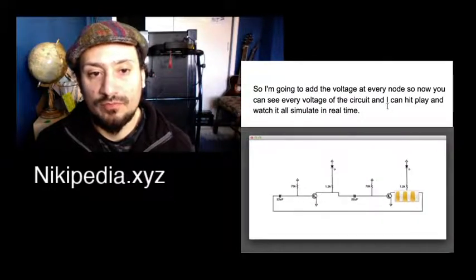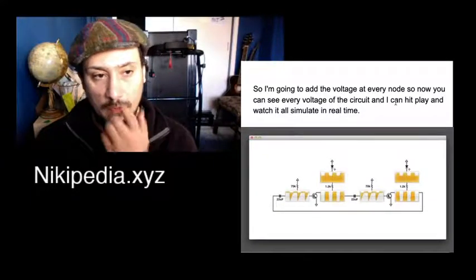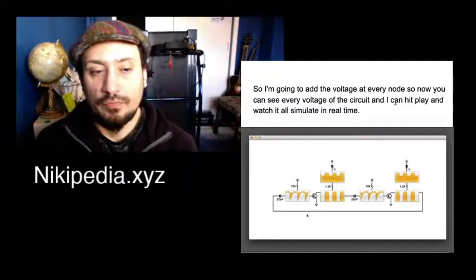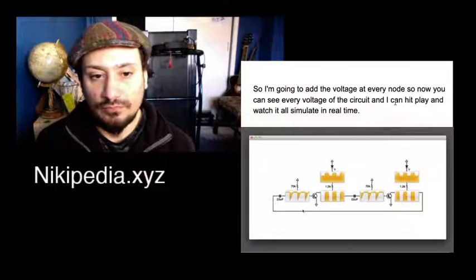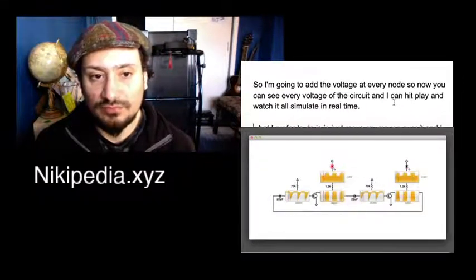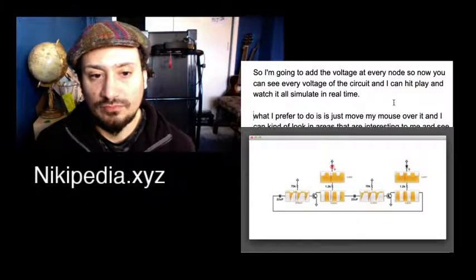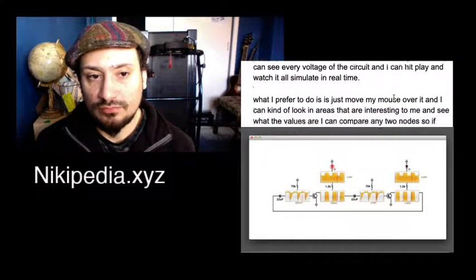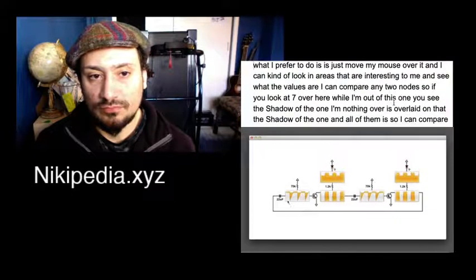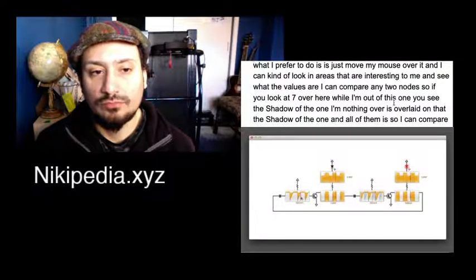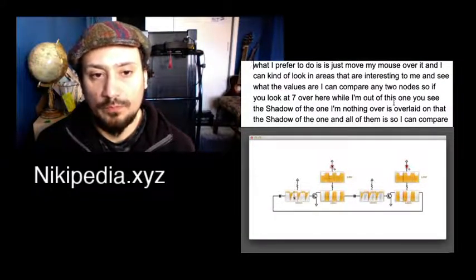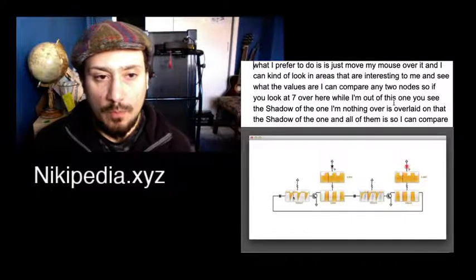So same circuit, spread out a little bit. And I'm going to add the voltage at every node. So now you can see every voltage throughout the circuit. And I can even hit play and watch it all simulate out in real time. Although what I prefer to do is just move my mouse over it, and I can look in areas that are interesting to me and see what the values are.